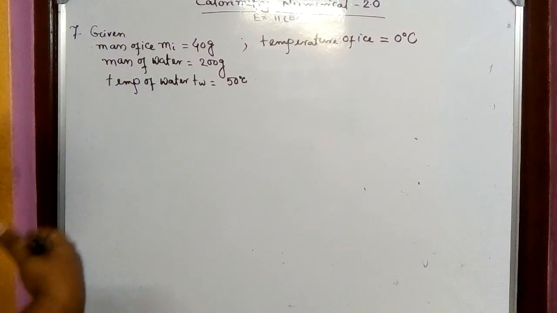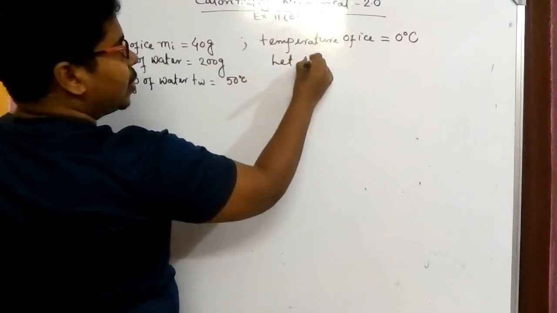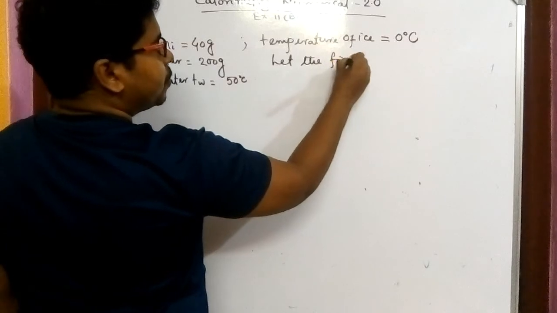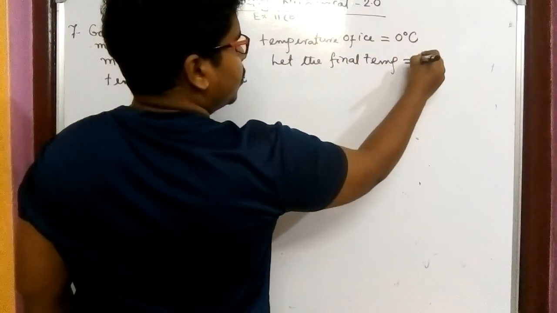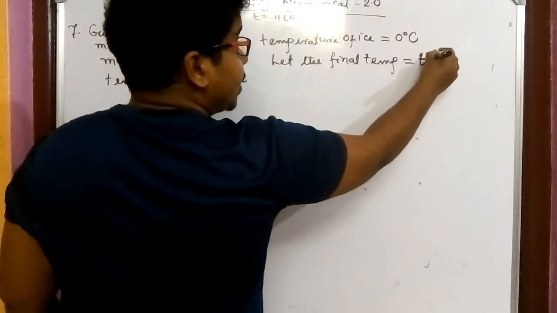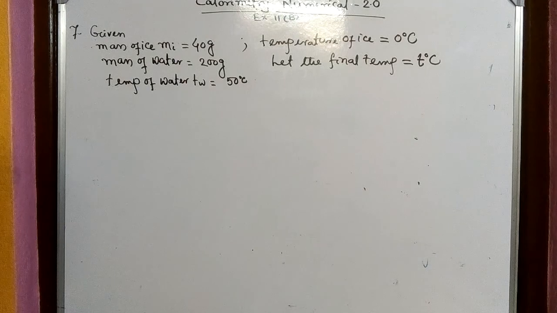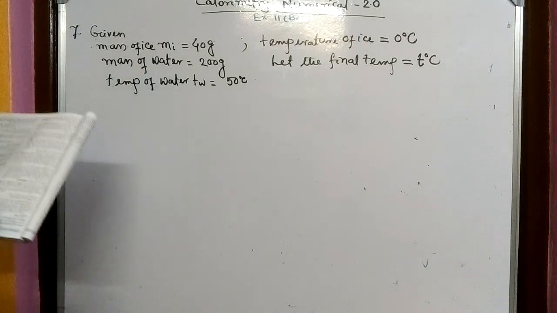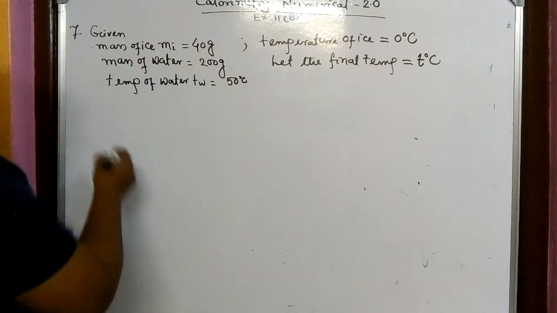Then what will be the final temperature? So let the final temperature be T degree centigrade. Okay, now what should I do? What is given here? One more thing is given, that is the specific heat capacity of water.